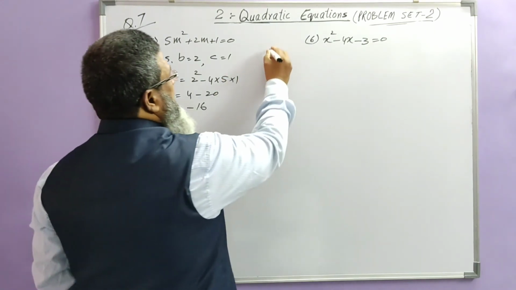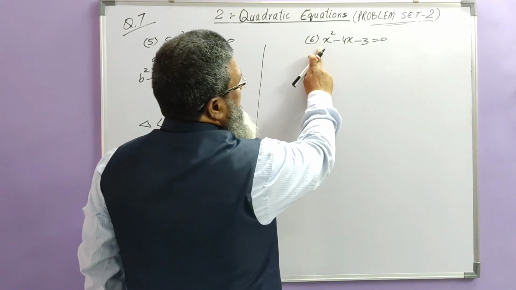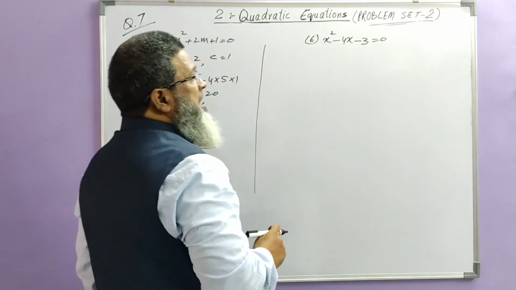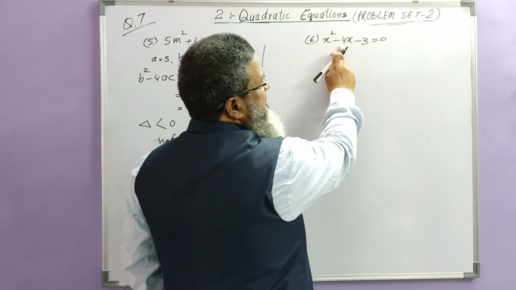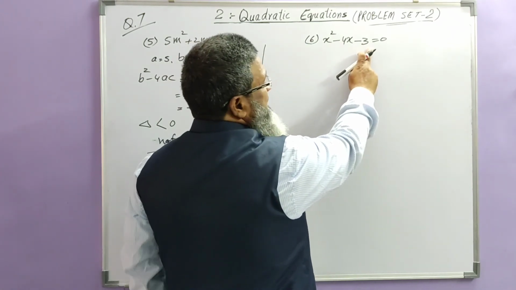Now in question number 6, x square minus 4x minus 3 is equal to 0. First check whether you can split this middle term minus 4 and get minus 3 as multiplication, you can't get.